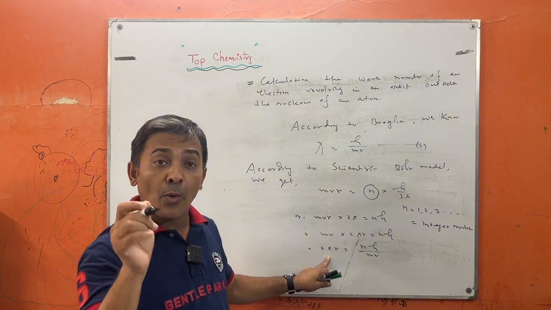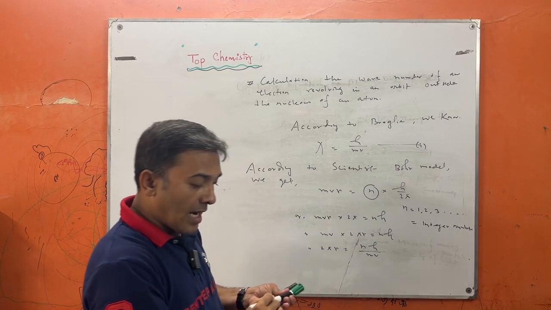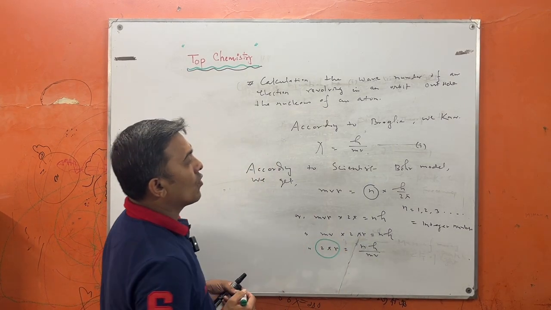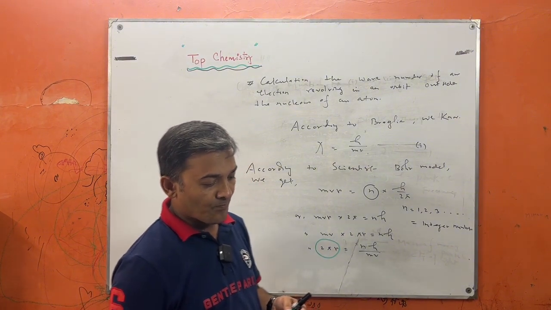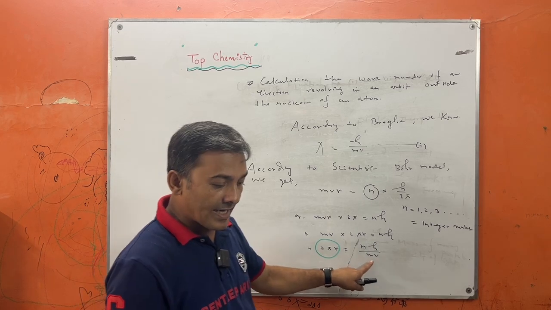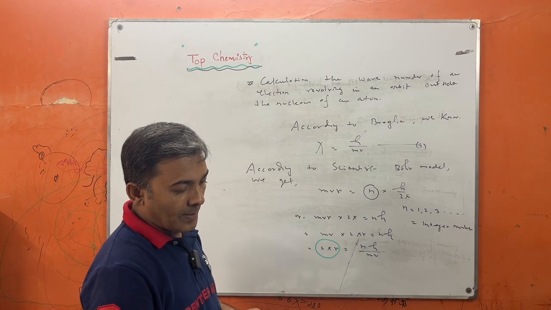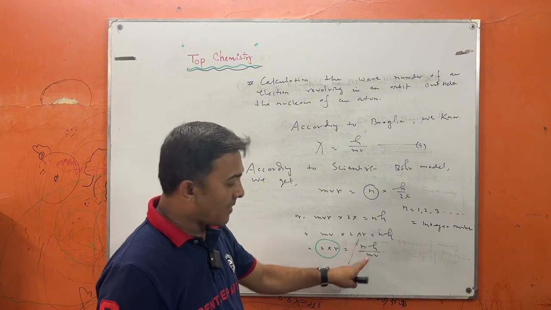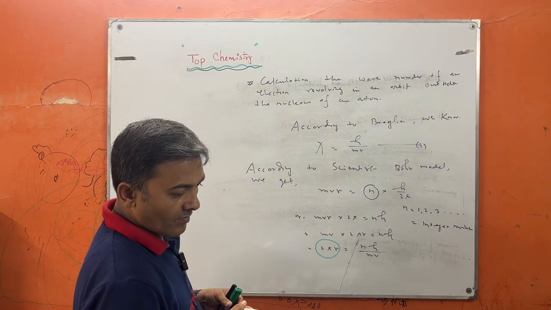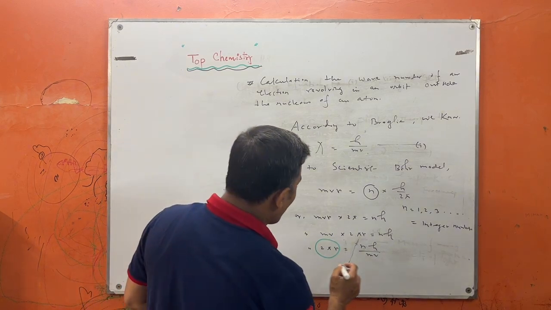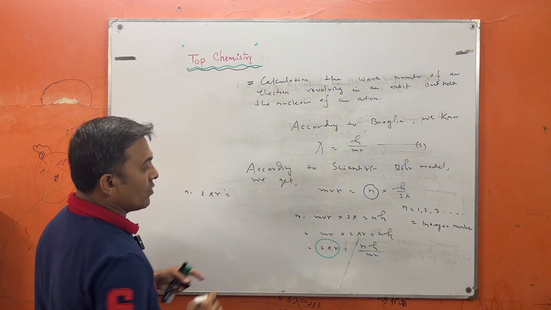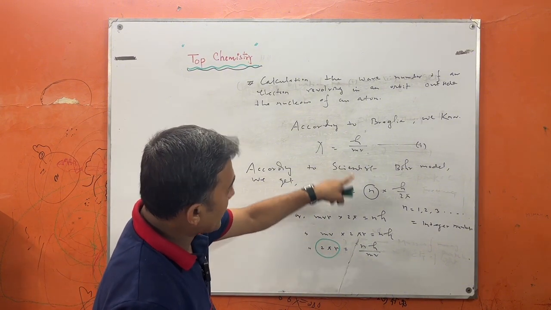We can write down 2 pi r equal to n into h by mv.